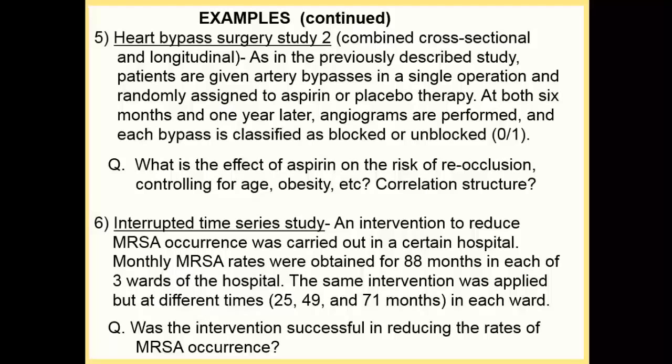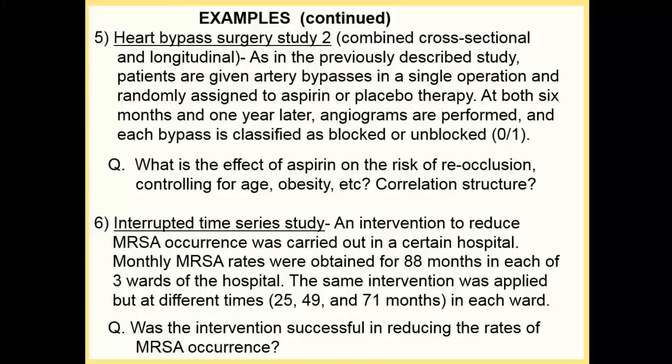So let's say a person has 3 bypasses. Okay, so the cluster is blocked or unblocked on what? How many measurements? 3 at 6 months and 3 at 1 year. So the so-called outcome variable, the y variable, has 6 items in it. It has 3 at 6 months and 3 at 1 year.